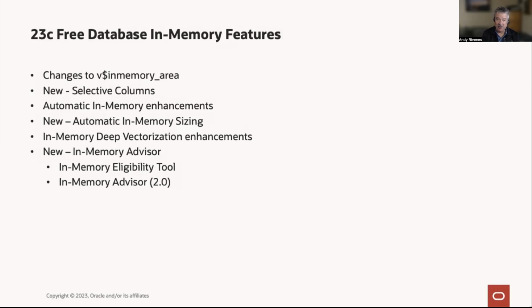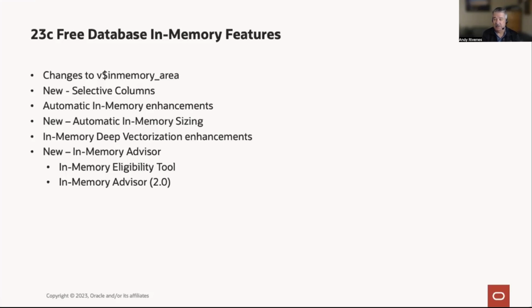Although you could still use the old in-memory advisor, which you download off of OTN or Oracle.com, actually My Oracle Support, you can still use that. But now you can use the in-memory advisor that's heat map aware, and heat map, by the way, as we'll talk about, is no longer licensed.